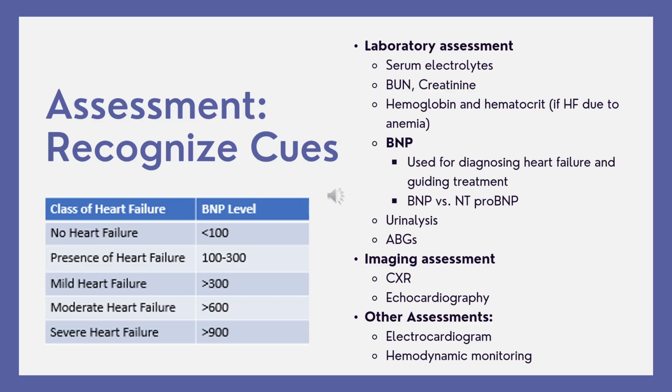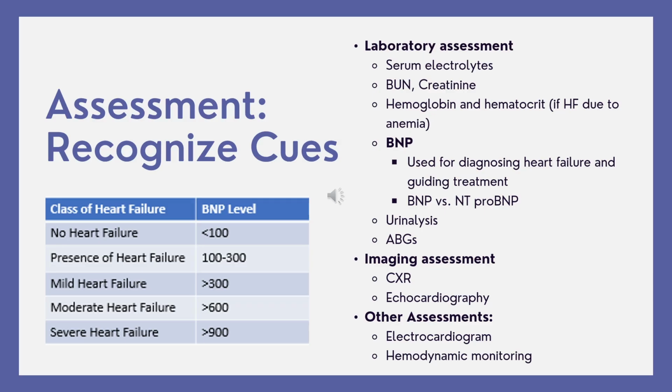An NT-proBNP is an inactive byproduct, and it remains in circulation much longer than a normal BNP, which makes it a more stable marker for heart failure severity. So higher BNP or NT-proBNP levels indicate worsening heart failure, while a normal or a low level can help rule it out. So a BNP level above 100 or an NT-proBNP level above 450 suggests that the patient does have heart failure.